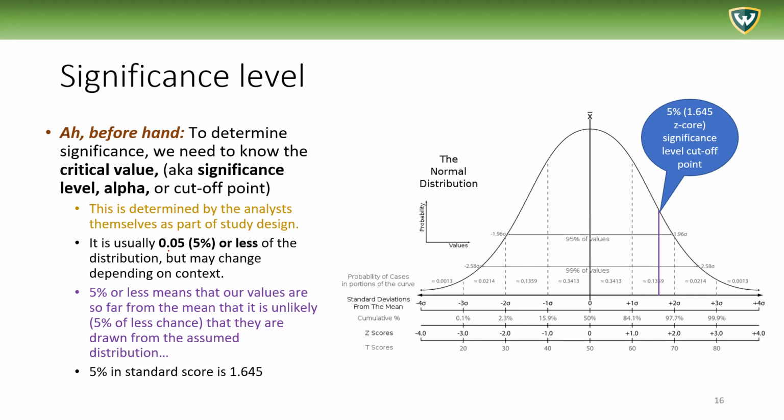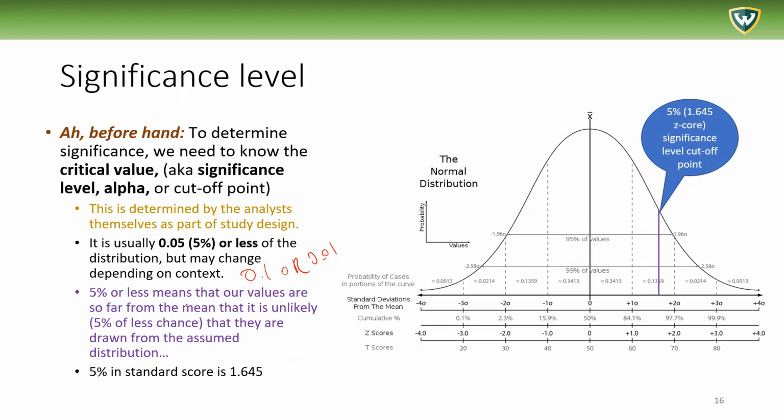It's usually 0.05, which means 5% or less of the distribution, because we're talking about distributions, but may change depending on the context. So sometimes it may also be 0.1 or 0.01. And the lower the value, the more difficult it is to reject the null hypothesis. Okay, so the lower the value, the more conservative you're being here with your significance level.